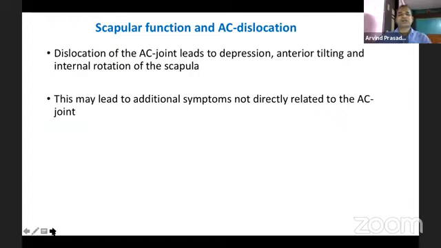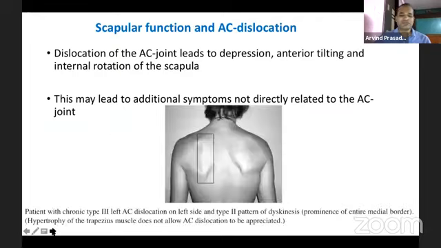There is also scapular function disruption with AC joint dislocation, in which there is depression of the scapula, anterior tilting, and internal rotation of the scapula. This may lead to additional symptoms that are not directly related to the AC joint.